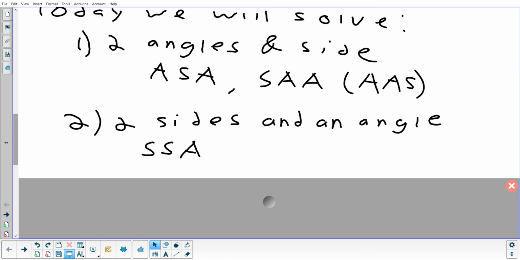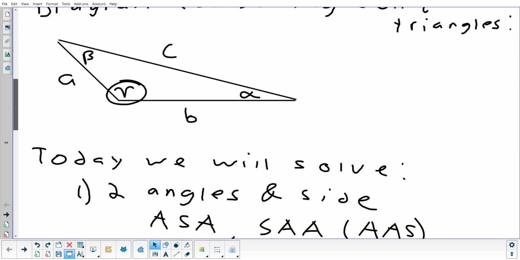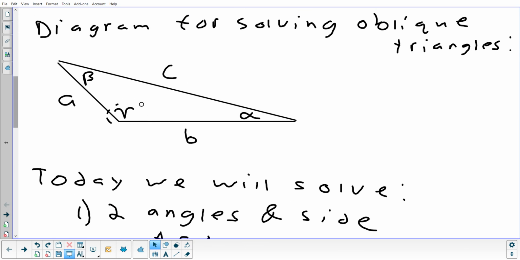So this is where they give you two sides, and they give you an angle. But it's very important that the angle is not between the sides. If the angle was between them, that's SAS. Can't do that today. Okay. So side, side, angle would look like this.